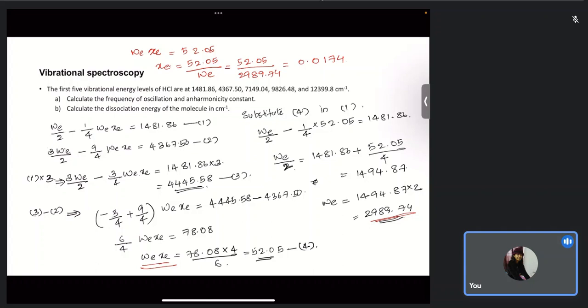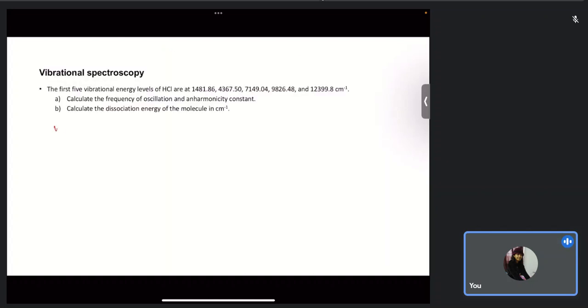So this is the anharmonicity constant, 0.0174. So our omega E is 2989.7 and our xc is 0.0174. Right?